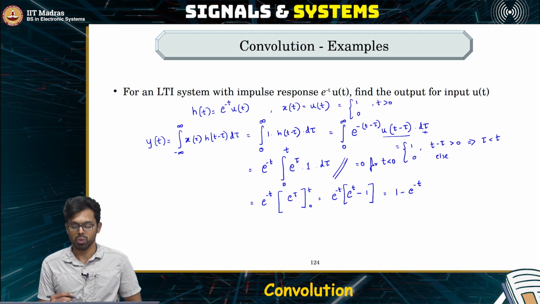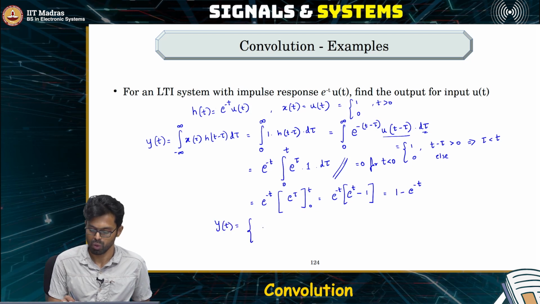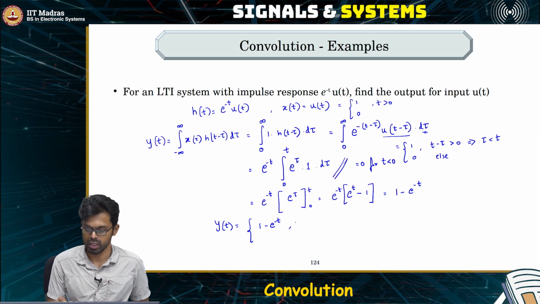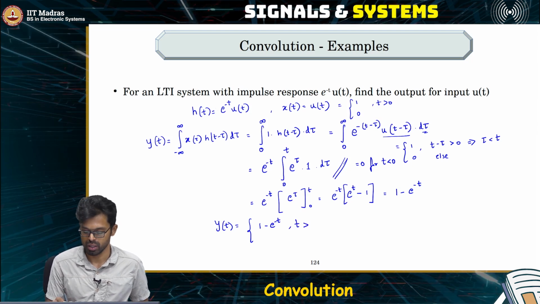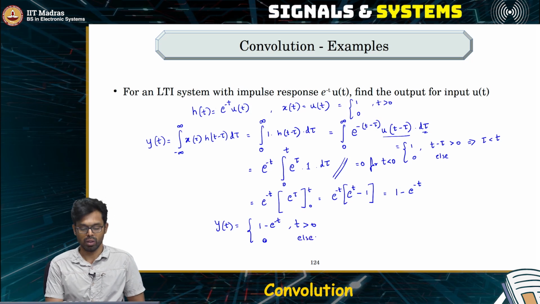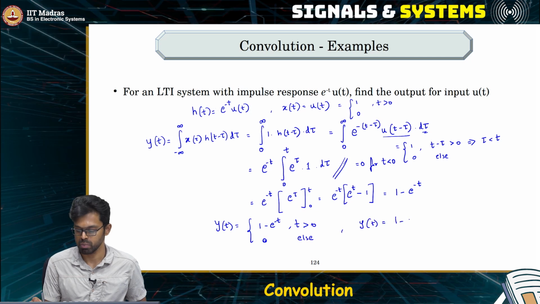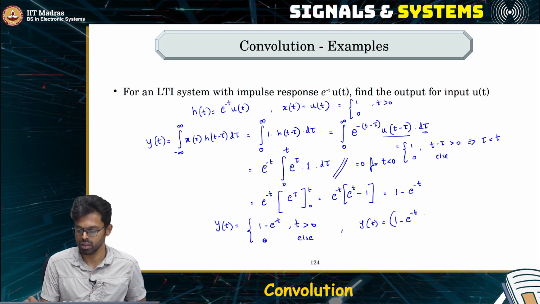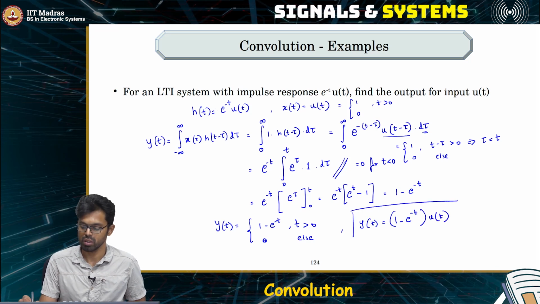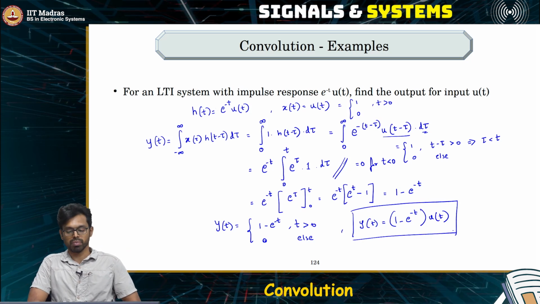Okay. So the output now is y of t, which is equal to 1 minus e power minus t when t is greater than 0, 0 otherwise. In other words, the output is y of t equals 1 minus e power minus t times u of t. So this is the output of the system that we are looking for.